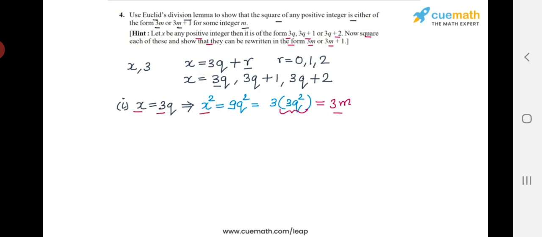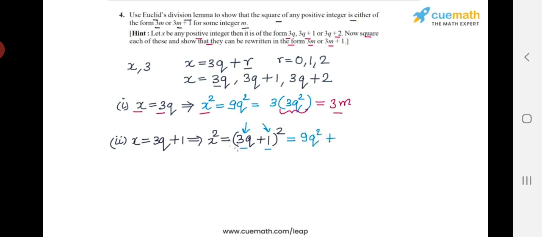Okay, now let's take the second form of x, which is 3q plus 1. So if x equal to 3q plus 1, then x square will be equal to 3q plus 1 whole square. So let's use the identity for a plus b whole square. So if a is 3q and b is 1, then a square will be 9q square, and 2ab will be 2 into 3q into 1, so that's 6q, and then we will have 1.